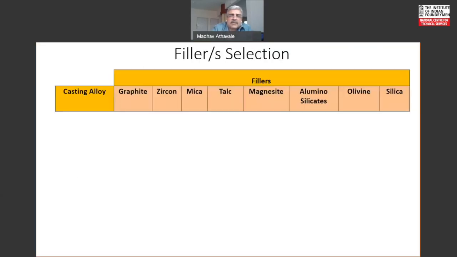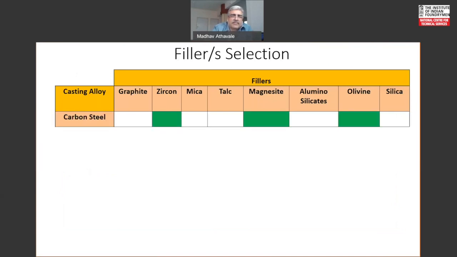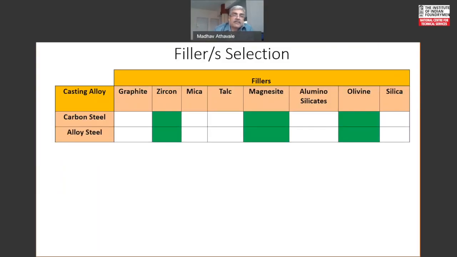Fillers. Here is a quick look at fillers and the casting alloy. For carbon steel, the most common one is zircon. You can also use magnesite and olivine from a refractoriness point of view. For alloy steels, again, the same three will be applicable.